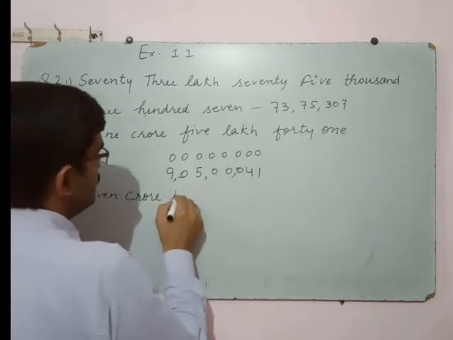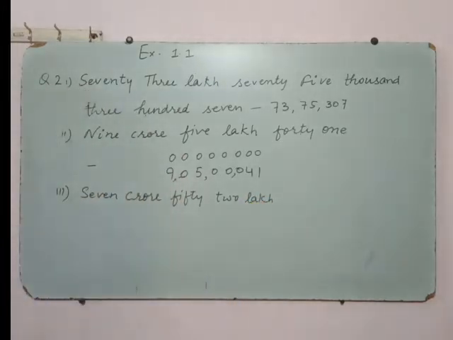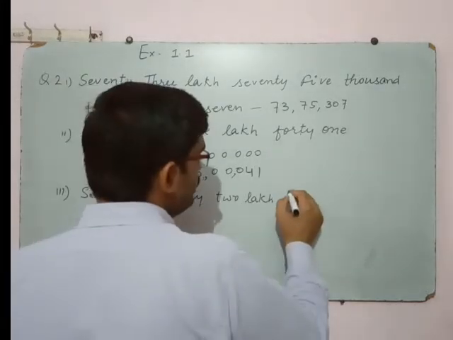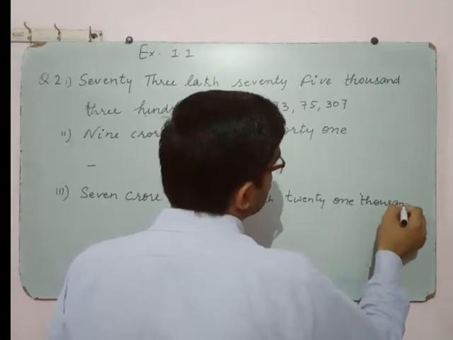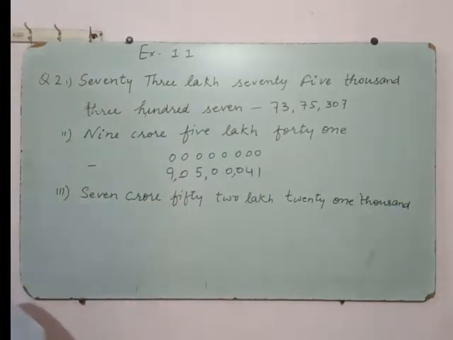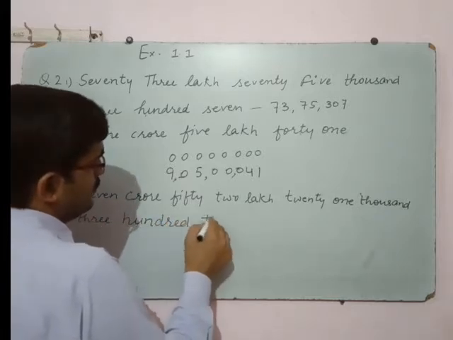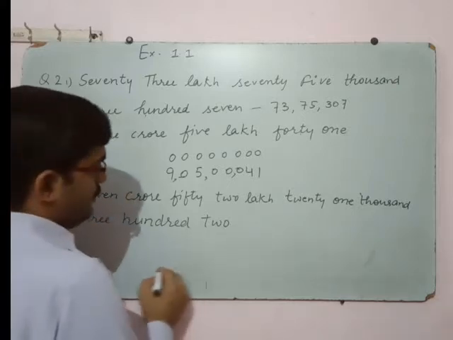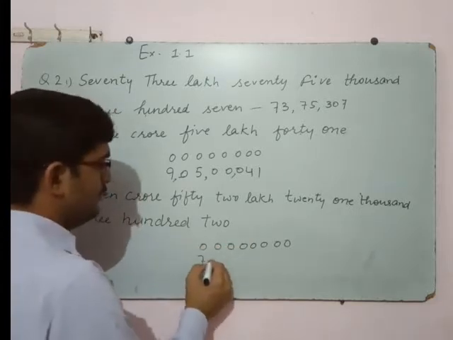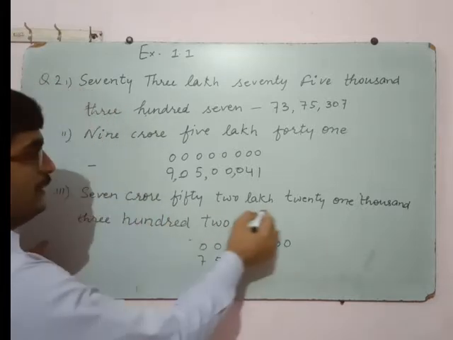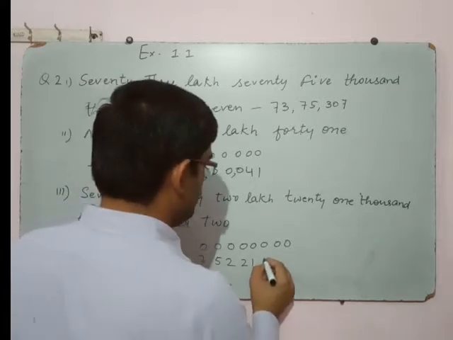Next is 7 crore 52 lakh 21,302. First ones, tens, hundred, thousand, 10,000, lakh, 10 lakh, crore. 7 crore 52 lakh and 21,302.